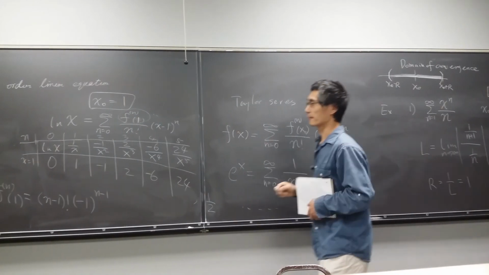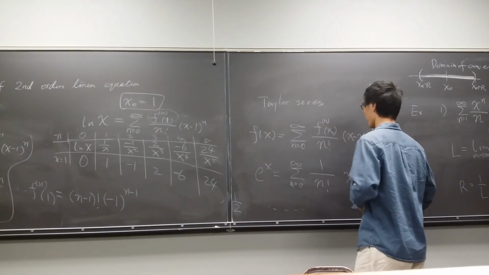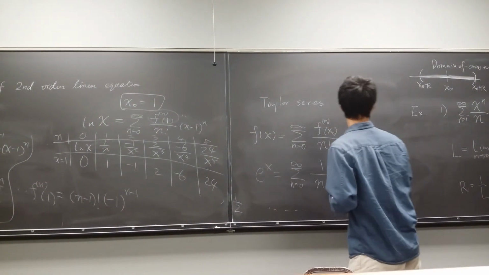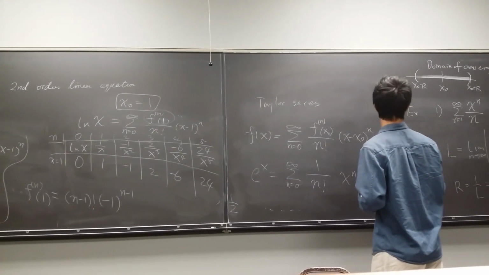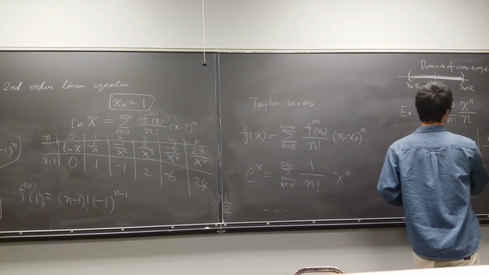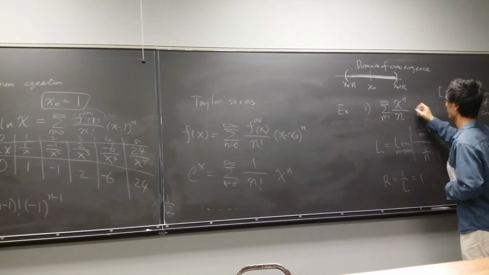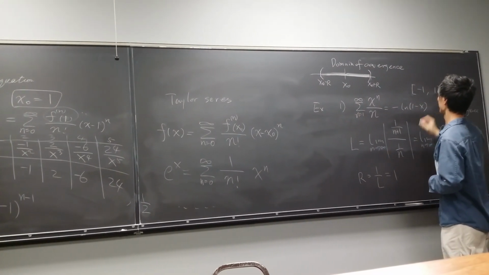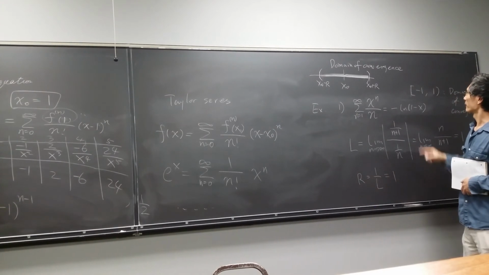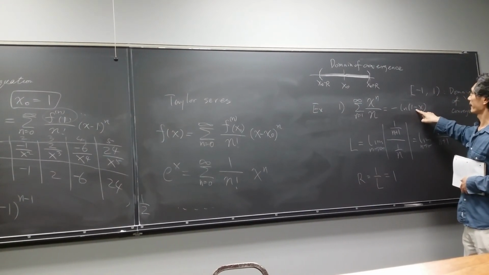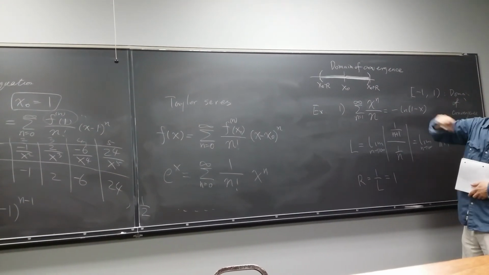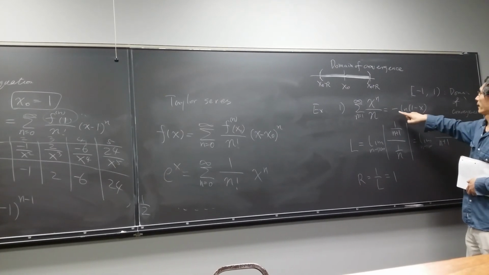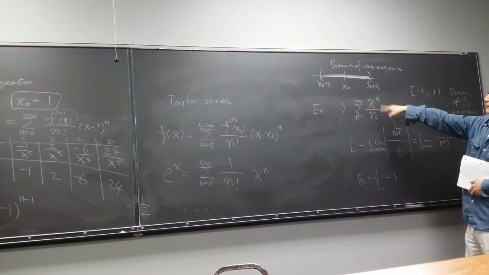This can be written as a logarithm. Okay, and it turns out that this is nothing but negative log of 1 minus x. Because when you expand that, this negative 1 would cancel that negative power, and this negative will give you everything back to positive.